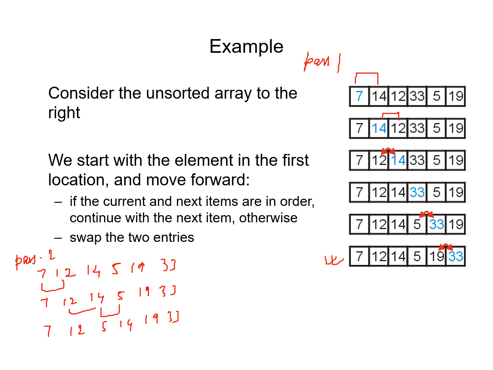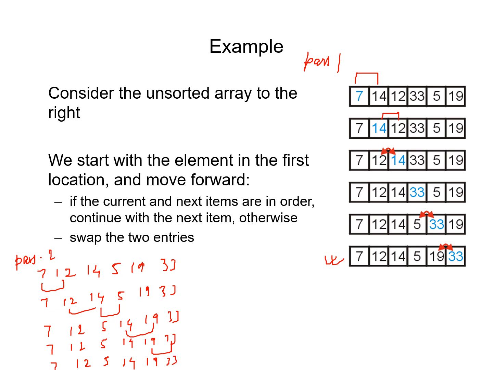Now you consider 14 and 19, no swapping is required. Again you need to write it like this: 5, 14, 19, 33. Now you compare the last two. No swapping is required, but still you need to write it like this because we are considering the case where we don't know anything about this particular searching and sorting part. This is pass 2.